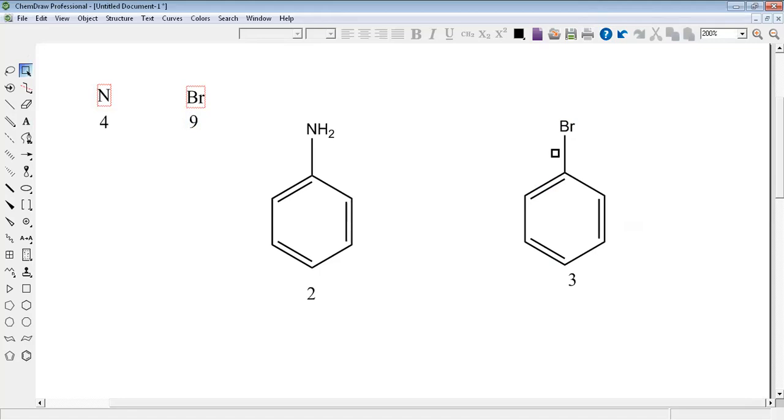So it is inductive, not resonance. That means it will be donating or withdrawing? Withdrawing. Because of high electronegativity, it pulls electrons. Okay, so this will be withdrawing.